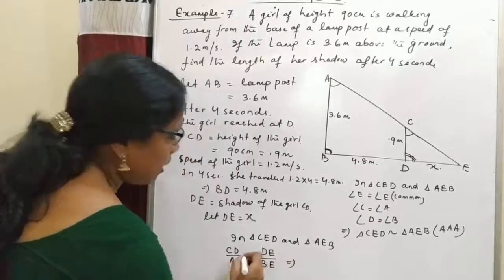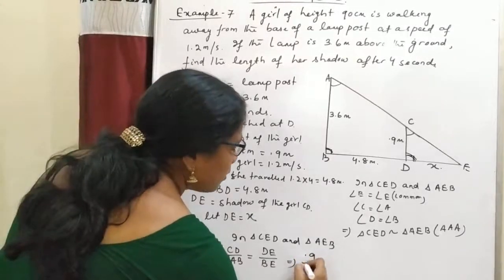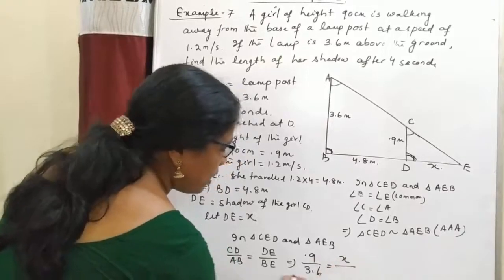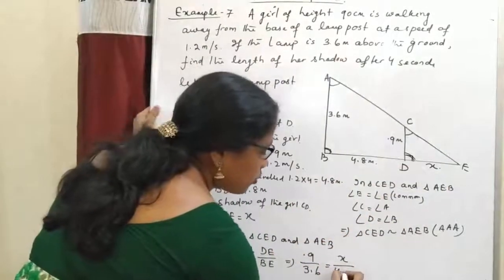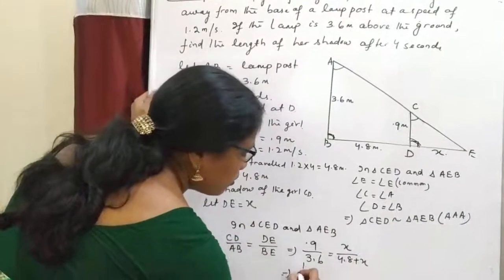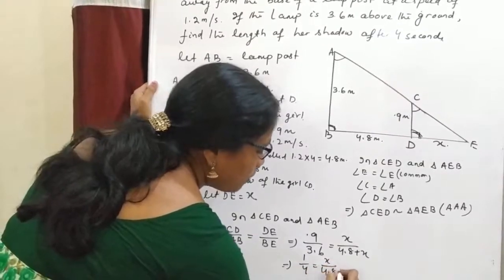CD is 0.9 by 3.6 is equal to DE, which is X, by BE, which is BD plus DE, that is 4.8 plus X. So this implies 1 by 4 is equal to X by 4.8 plus X.